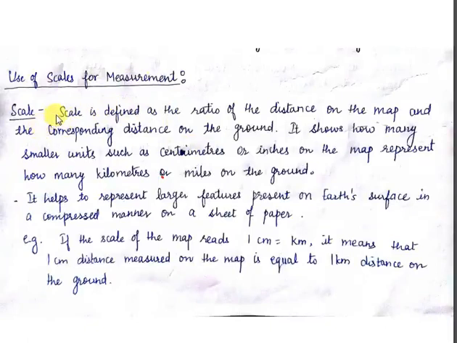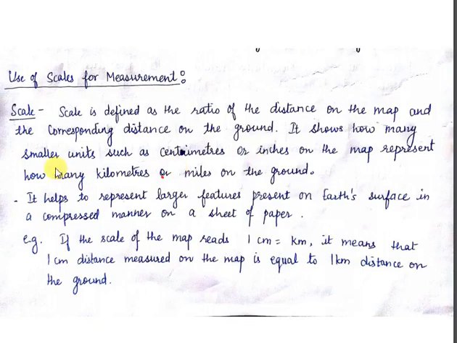Scale, firstly we will get to know the definition of scale. What is scale? It is defined as the ratio of the distance on the map and the corresponding distance on the ground. It shows how many smaller units such as centimeters or inches on the map represent how many kilometers or miles on the ground. If a landform is present on the earth's surface, it might take quite a large area, but that large area is not suitable to be shown on a small sheet of paper.